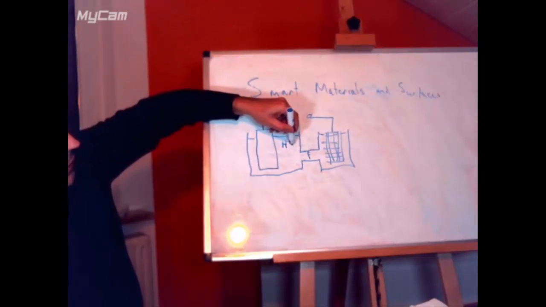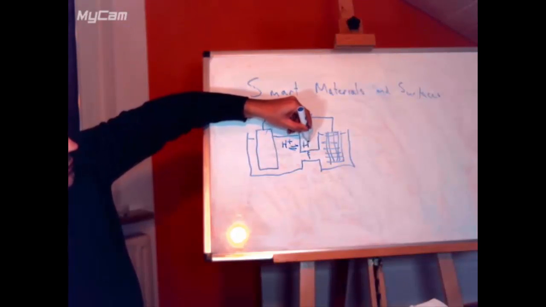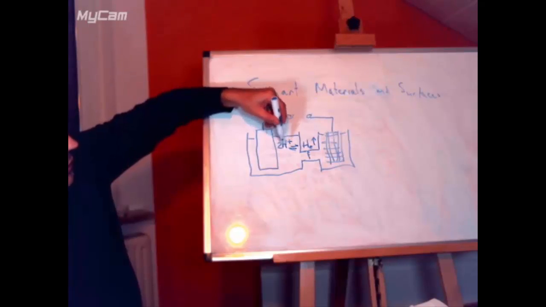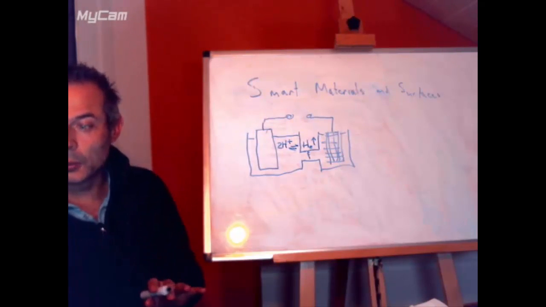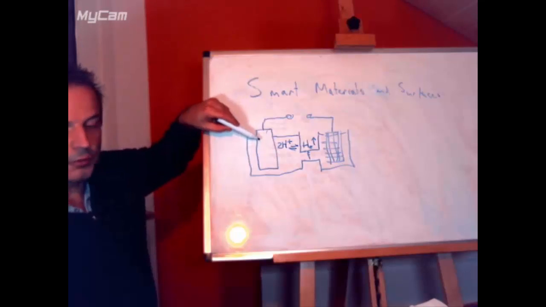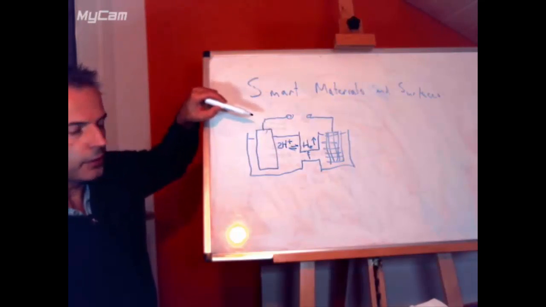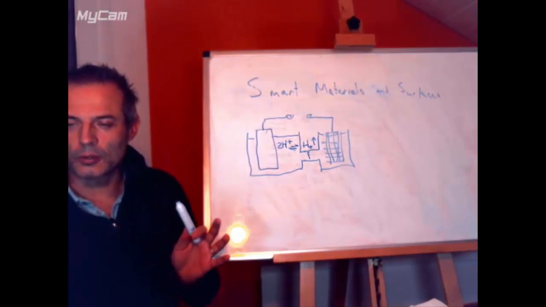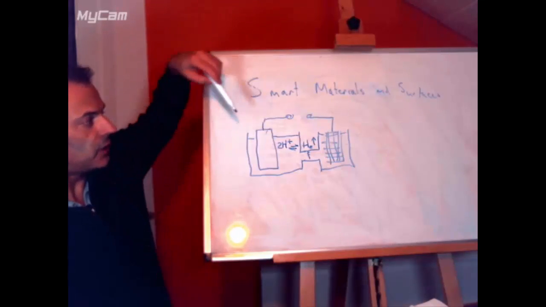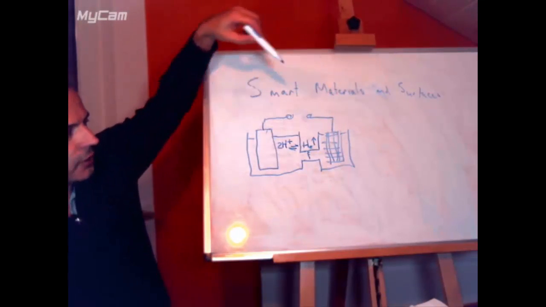H+ can go to, it's a bit reversible, go to H2, which is a gas and can escape. We need 2H+, and obviously we need 2 electrons to do that, which we can have off our electrode if we make it negative. But for the purposes of completing an electric circuit, we need another electrode over here.